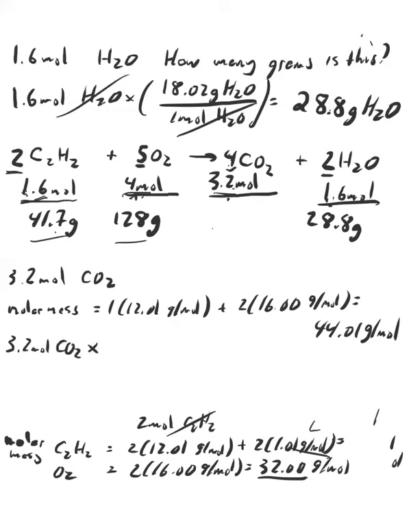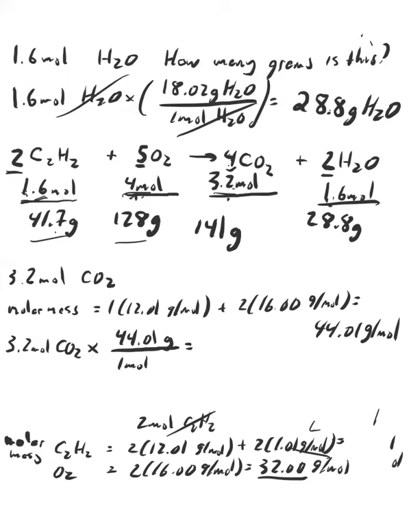We're going to convert it to grams. So multiply by the molar mass. Okay, so it's going to be a big number because carbon dioxide relative to the other gases is pretty heavy. It's 44.01. So times 3.2. And you get 140. I'm going to round it to 141.